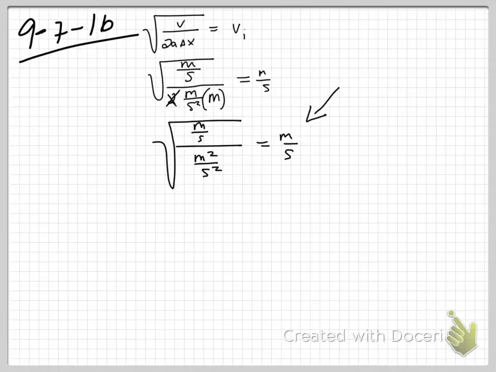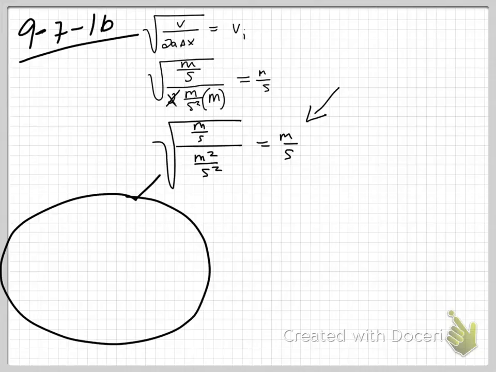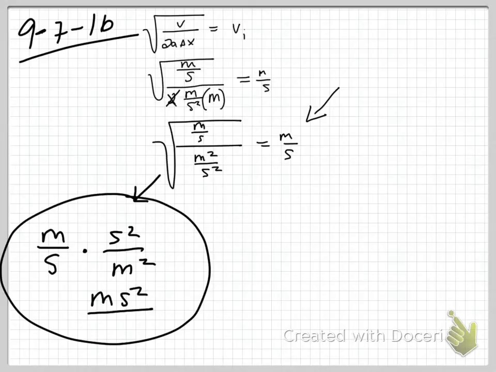Invert and multiply. Invert and multiply. Invert and multiply. So I'm going to do sort of a side bubble here. Meters per second times seconds squared over meters squared would actually be what that looks like. So that gives us meters seconds squared over meters squared seconds.